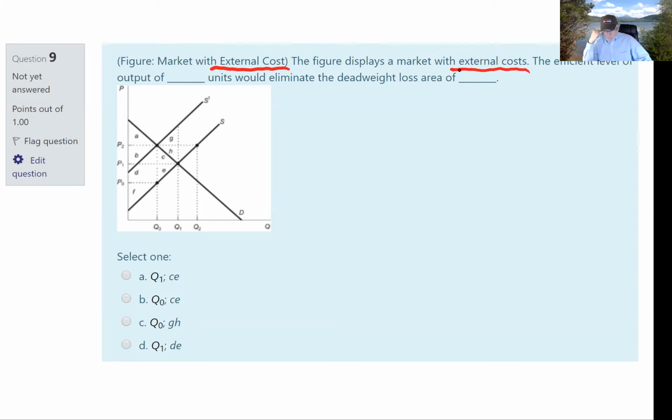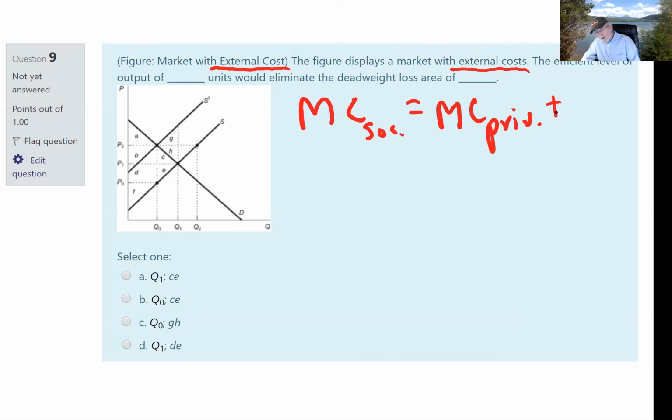So in order to take into account these external costs, we have to remember that the marginal cost to society, taking all the costs into account, is the marginal private cost, which is the marginal cost to the producers, plus the marginal external cost.